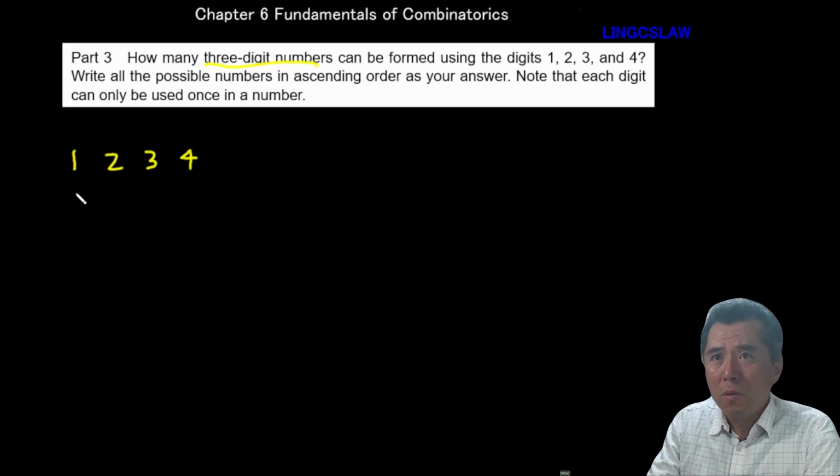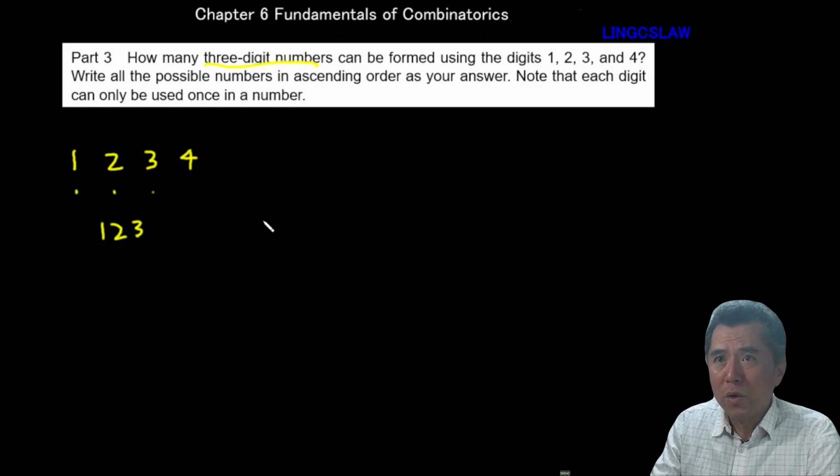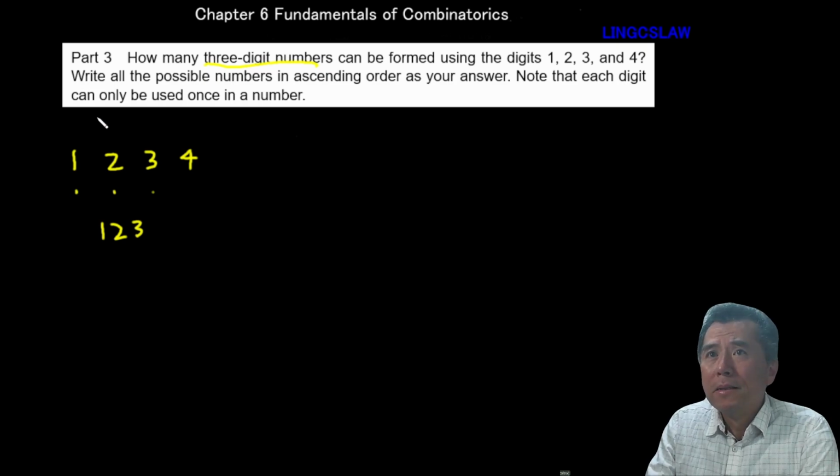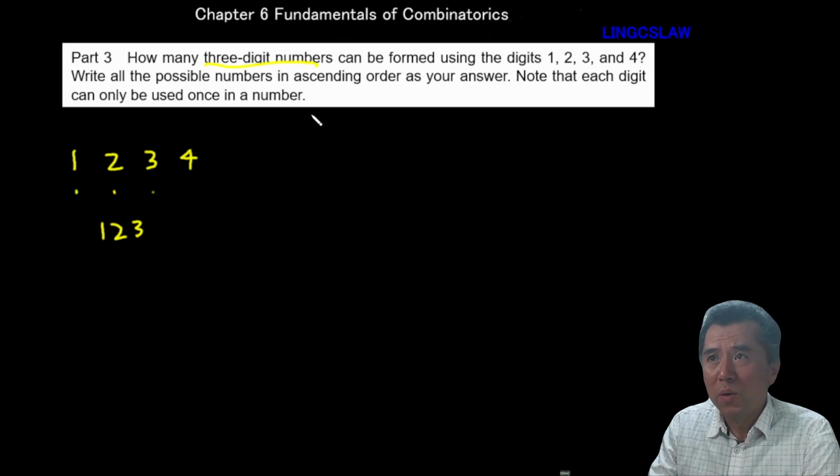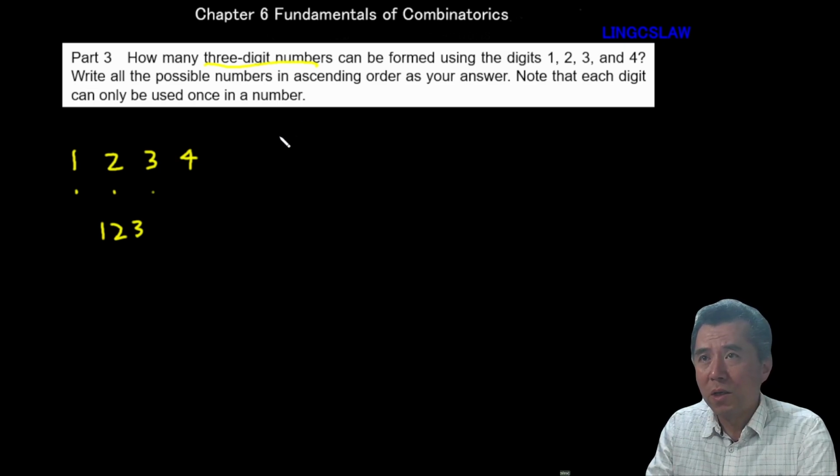For example, if you take 1, 2, 3, you will form 123. Write all the possible numbers in ascending order as your answer. Note that each digit can only be used once in a number.